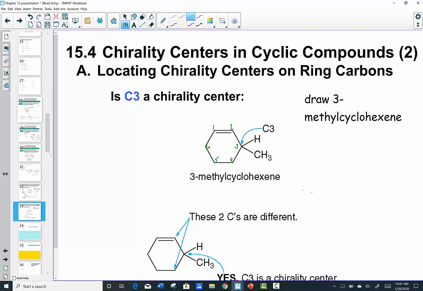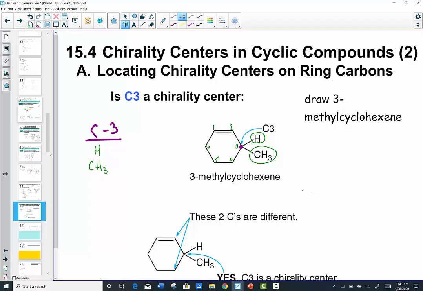And carbon 1 to 2 is the double bond. And that puts the methyl group on carbon 3. I want to examine this carbon. So we're going to examine carbon number 3. What are the 4 attachments on that carbon? Well, I see one of the attachments is a hydrogen. I can see a next attachment of the 4, which is a methyl.